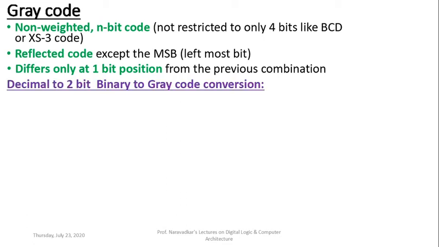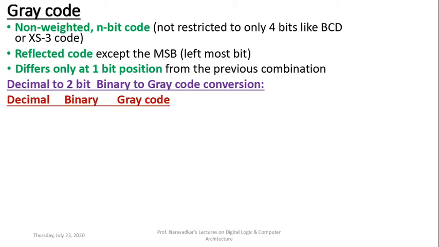So here is the example. Actually, this example should have been 2-bit binary to 2-bit gray code conversion. But here the decimal has been deliberately taken, so that we can correlate that decimal number getting converted to 2-bit binary, and then how this 2-bit binary is represented in 2-bit gray code.